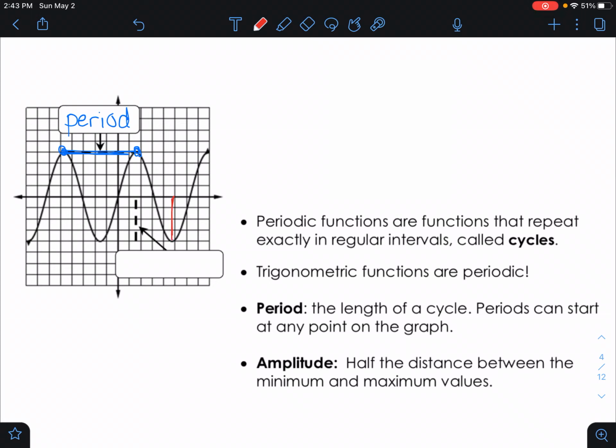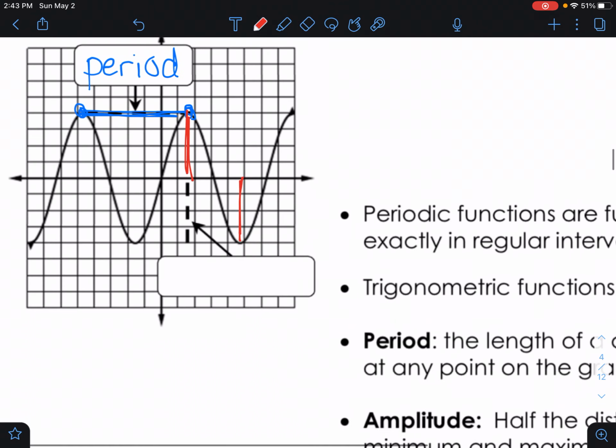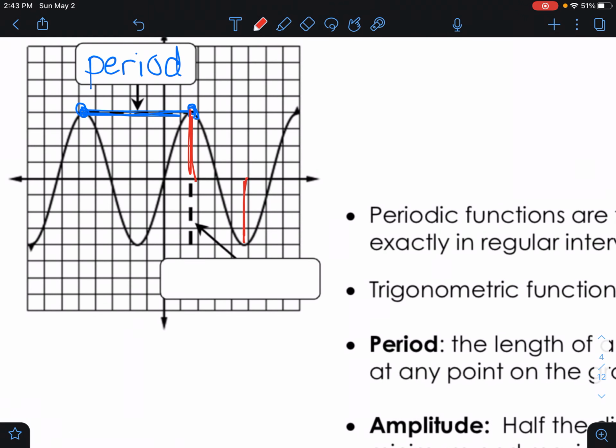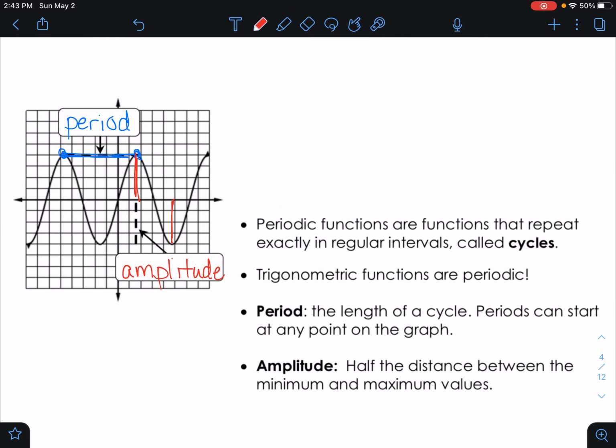I generally say the height, from the middle to the top. Either way you look at it, it's from the midline to the top or the bottom, the max or the min, and that is called the amplitude. Okay, so these are some terms that will come up quite a bit. You'll get used to them.